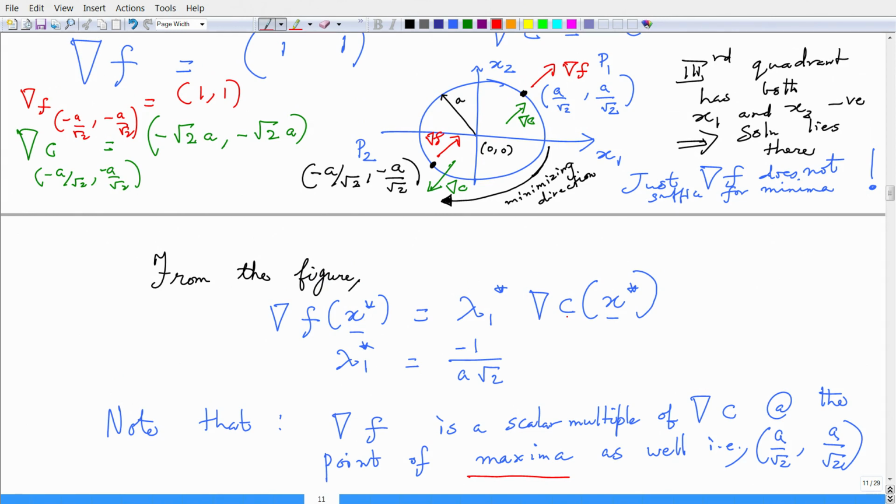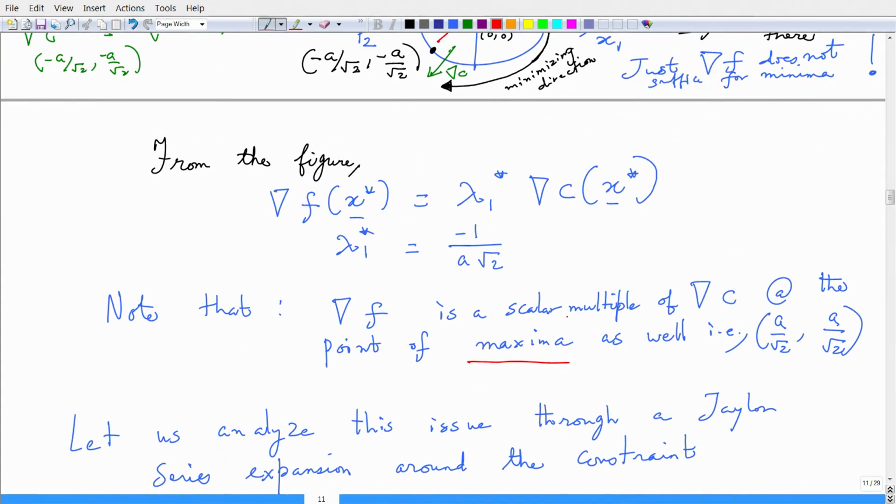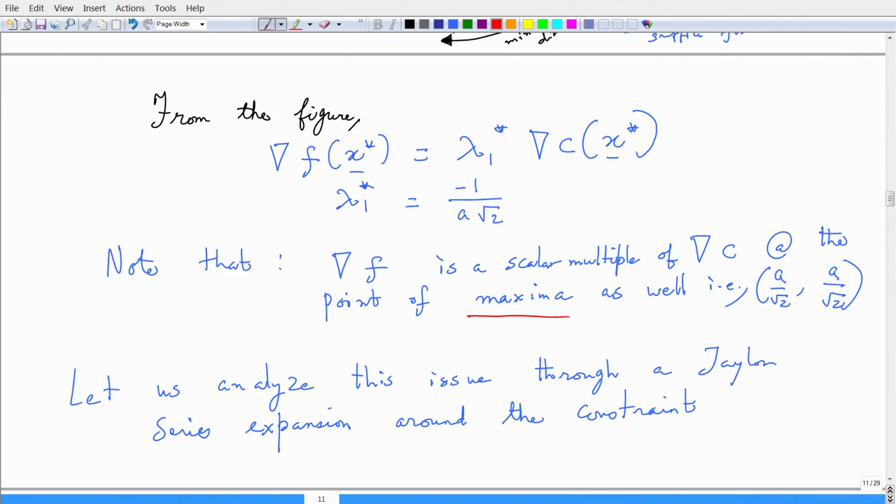So, del f is a scalar multiple, but the sign on the lambda is different, okay. But that itself is just not enough for us to figure out if this is maxima or minima. So, we have to do the analysis further to figure out whether the saddle point is a minima or a maxima.